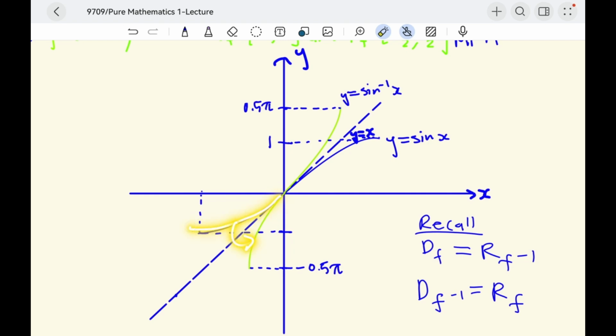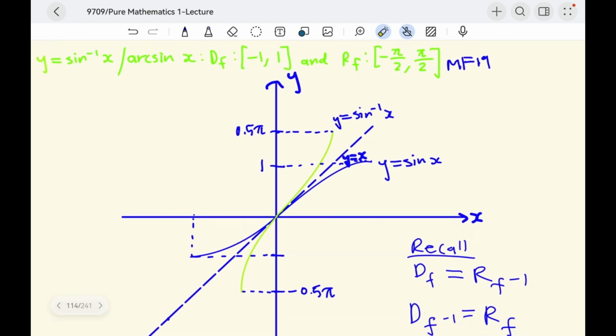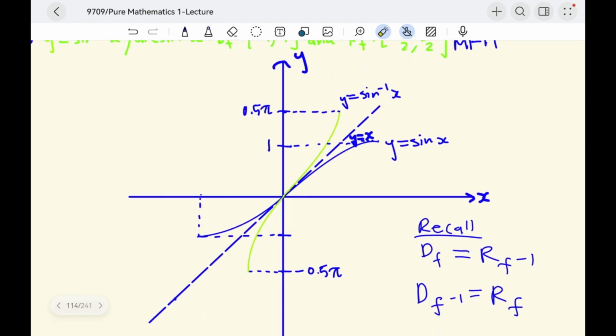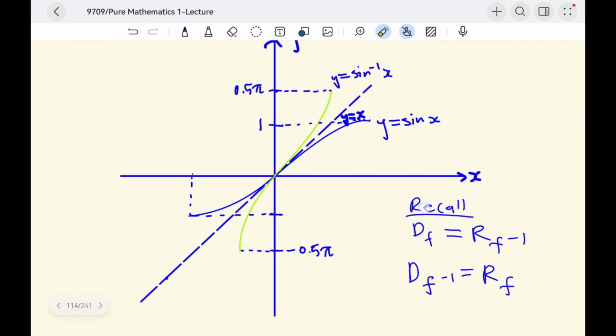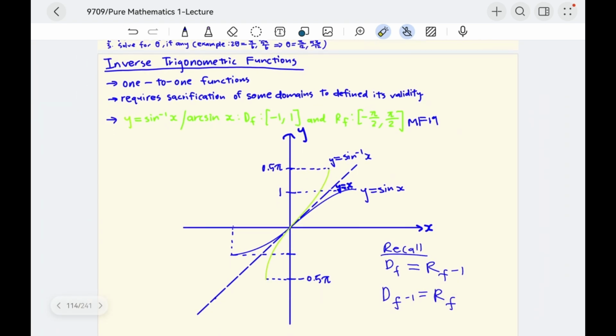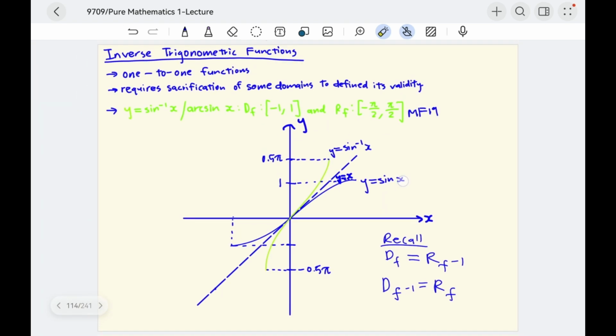As long as you have shown the sine function and the inverse sine function has an intersection at the origin on the line y equals x, the dashed line. Alright?